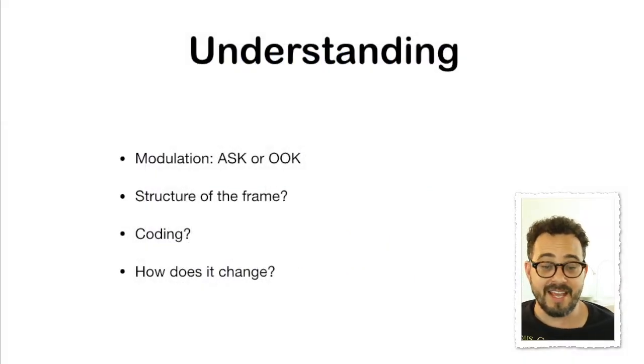Well, it's ASK or OOK, but actually they're both the same thing when we're considering that, in the case of the ASK, we have only two states. We have the full amplitude state and the zero amplitude state.